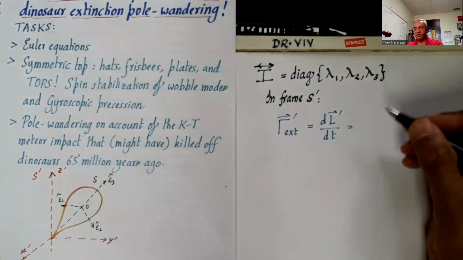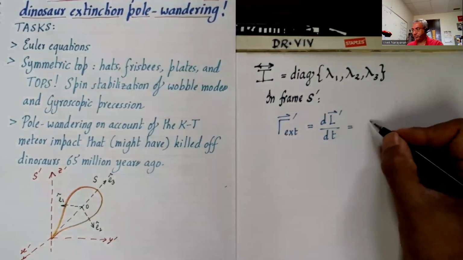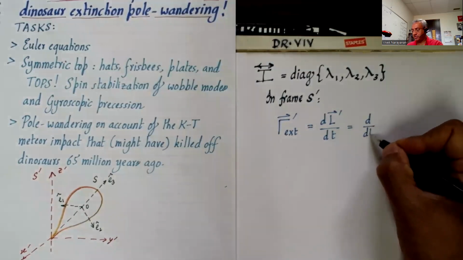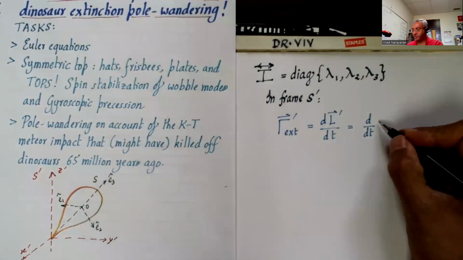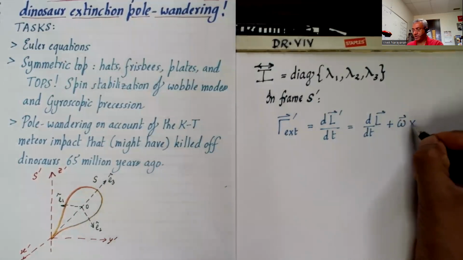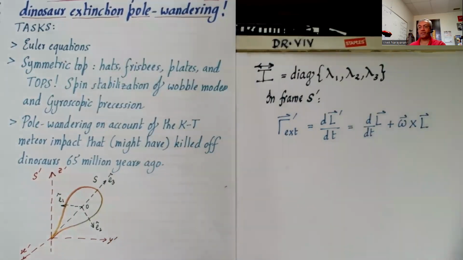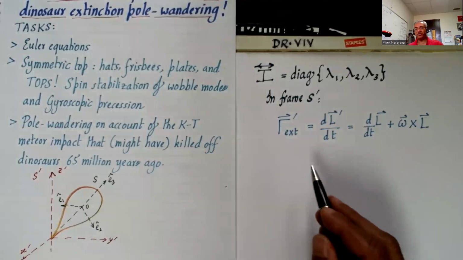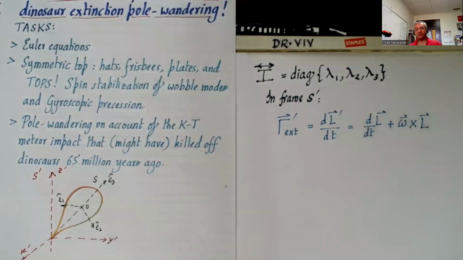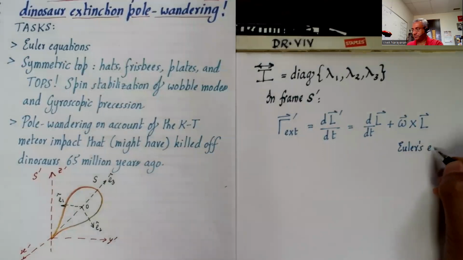Now, because of the d by dt in the prime frame, the d by dt operator in the prime frame is equal to the d by dt operator in the unprimed frame S plus omega cross. In this case, it's omega cross L. So that is the usual d by dt in the prime versus unprimed relation. But these equations were first written by Euler, and so these are called Euler's equations.